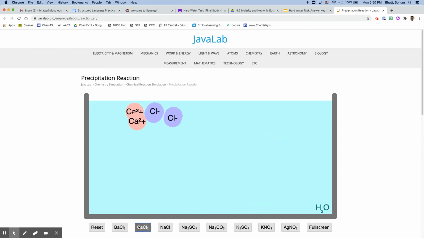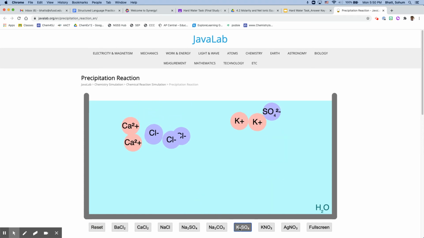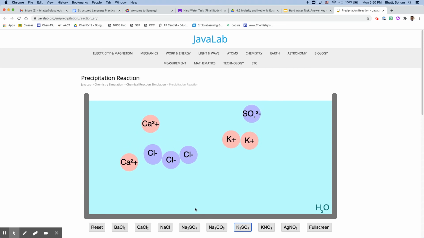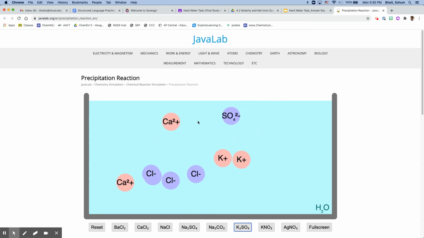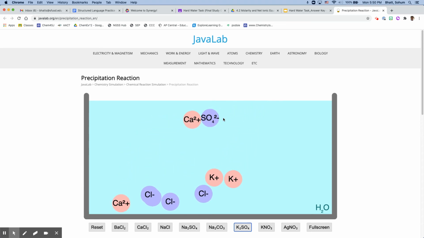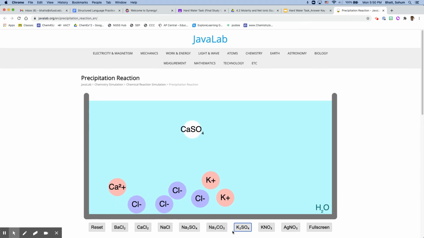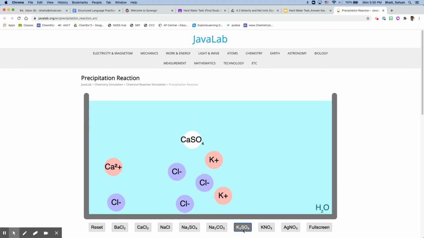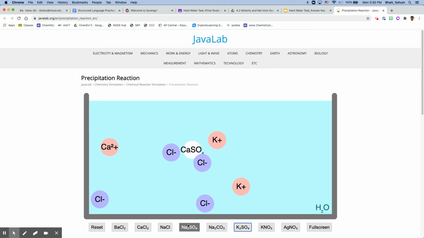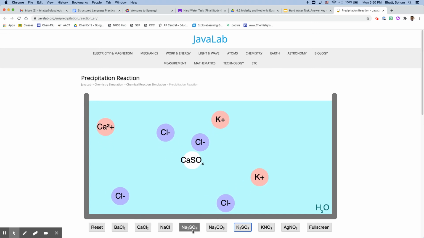But if you have calcium ions here, what happens if you add K2SO4? Well, the calcium ions go over and bond to the sulfate, and they also drop. So you could definitely use K2SO4, and you could use Na2SO4 because it also has a sulfate ion.